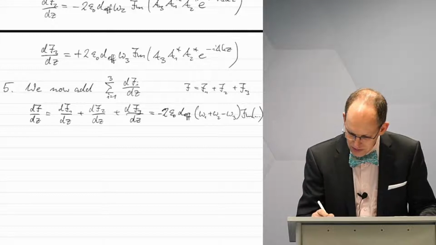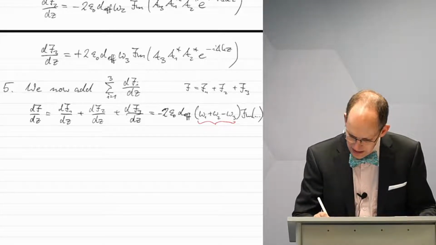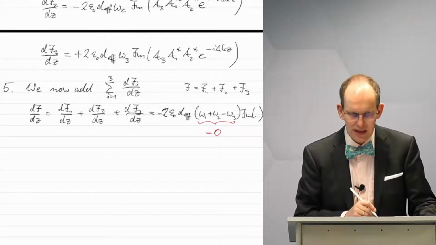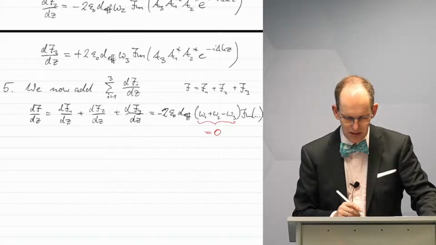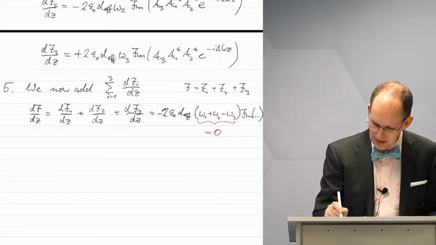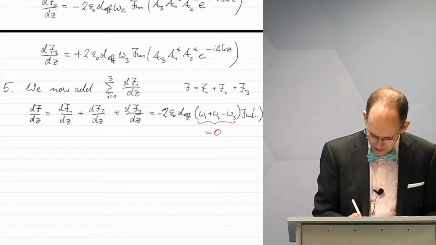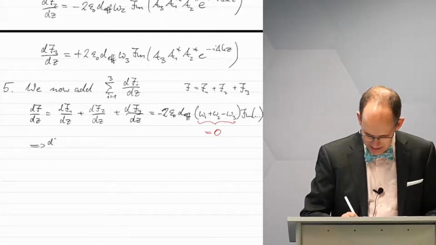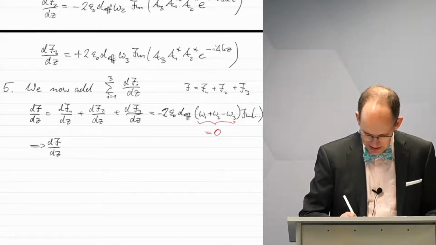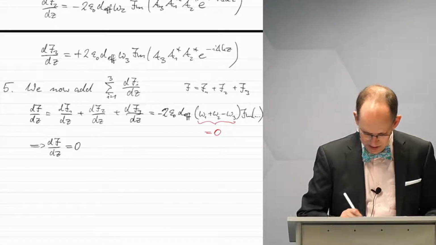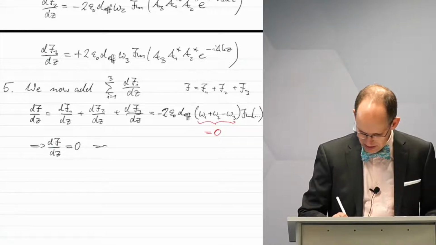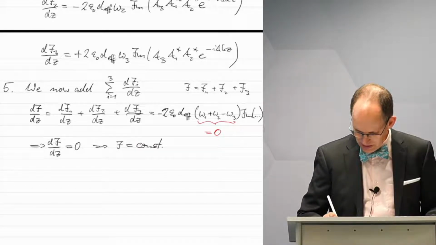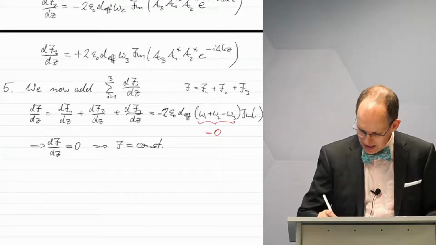And we know, of course, that this sum here is equal to 0, right? So what follows here is that the change in intensity in a non-absorbing medium is equal to 0, right? So the intensity is constant, yeah, as expected.